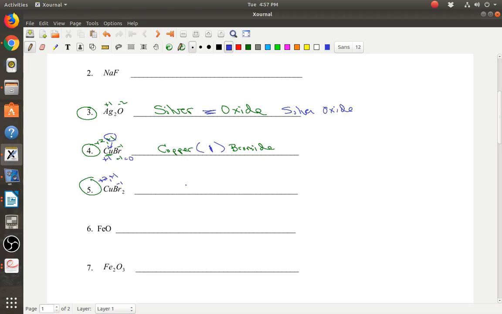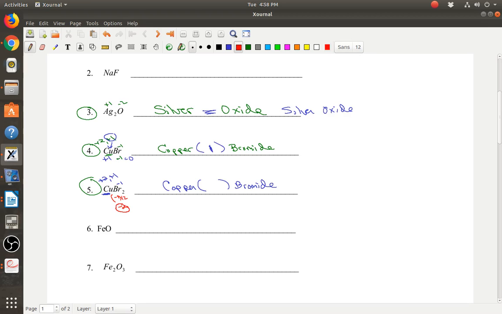All right, we just saw copper needed a +2 or a +1. Bromine is a -1. So again, this is copper, and I know I'm going to have to use parentheses because it has more than one option for the first atom. Bromine is a -1, and there's -1 times 2, that's a -2 charge.